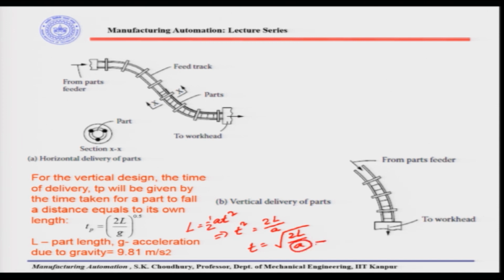This acceleration, in our case, is gravity, where L is the part length and g is the acceleration. So according to this equation, root over 2L by g will be Tp, which is the time taken for a part to fall a distance of its own length, from the beginning to the end.